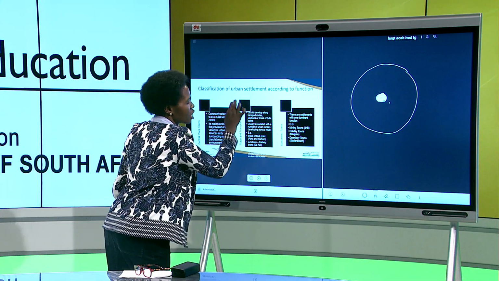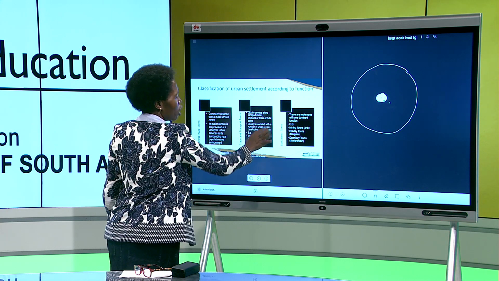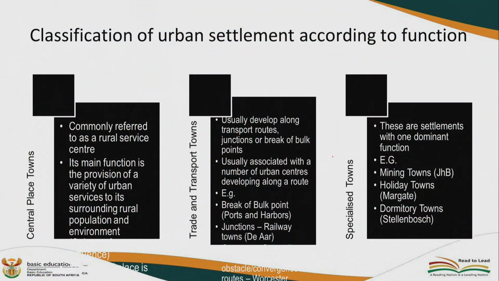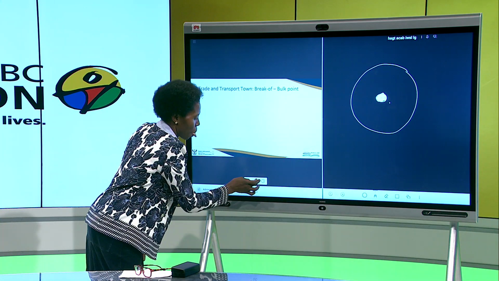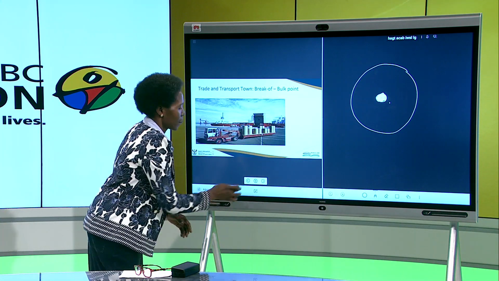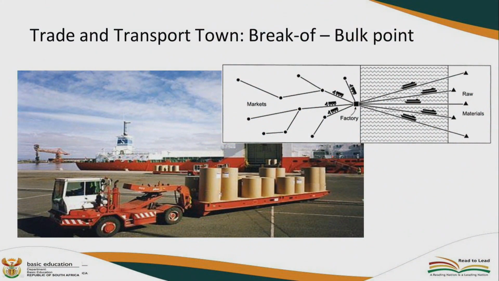Usually along the transport routes, we are going to find break of bulk points. Grade 12, this is what I'm talking about: this area developed just because there was a break of bulk point.